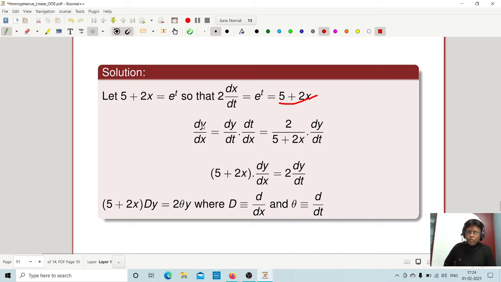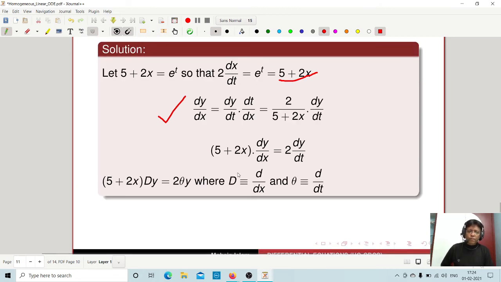So again you can write dy/dx as dy/dt times dt/dx. So your dt/dx is twice over 5 plus 2x times dy/dt. So if you take the cross multiplication, you have (5 plus 2x) dy/dx as 2 dy/dt.